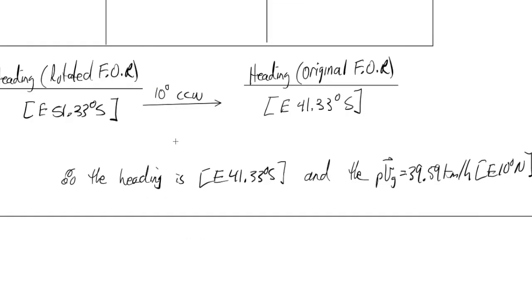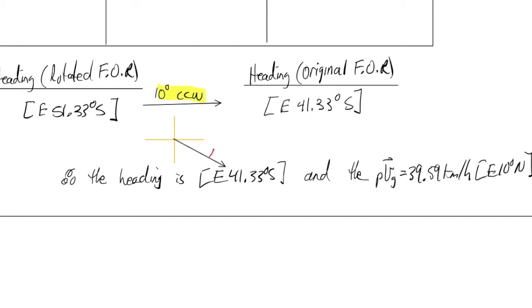I really do strongly suggest that you make a temporary compass rose to help make sure that you do rotate it correctly. So let's go with the original. So it's east 51.33 degrees south. So you take a vector east and then 51.33 degrees south, something like that. Now you're rotating 10 degrees counterclockwise.